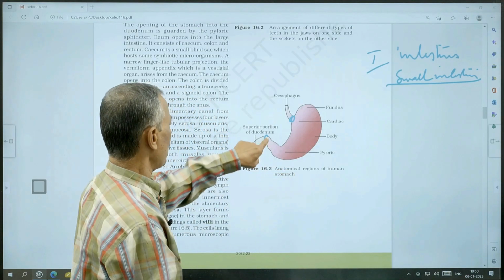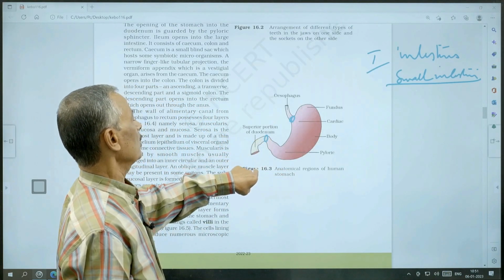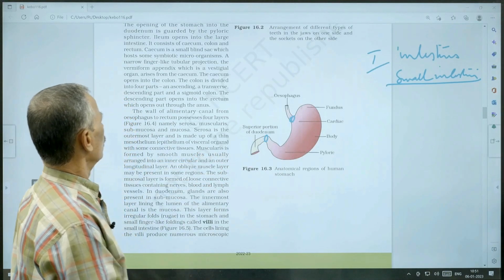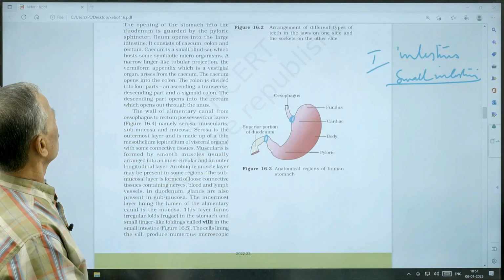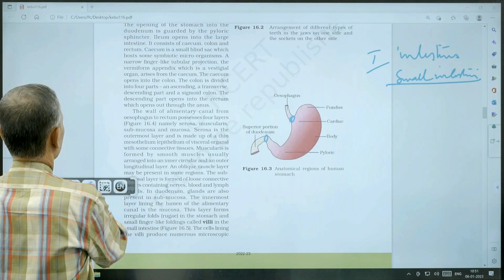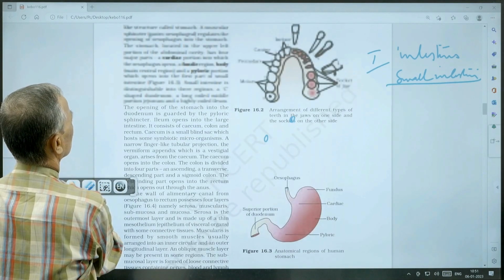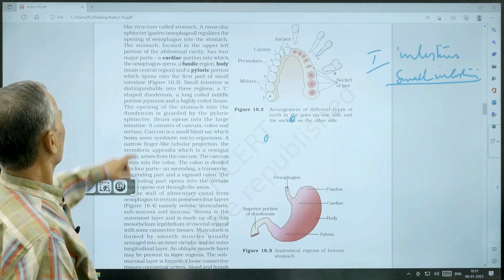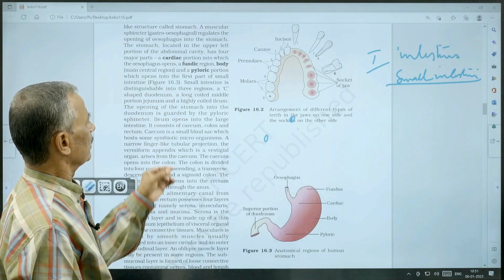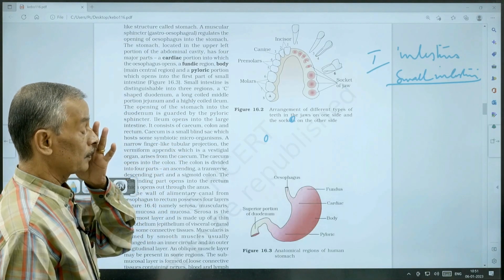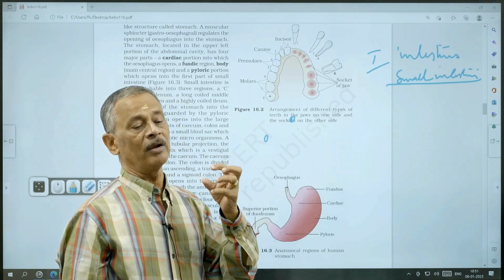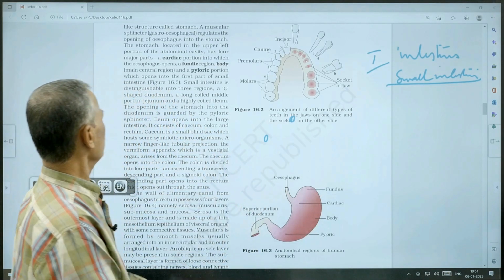The first part, following the stomach, is a C-shaped structure called duodenum. Duodenum is the first part. A C-shaped duodenum. Then the second part is a coiled part called jejunum.